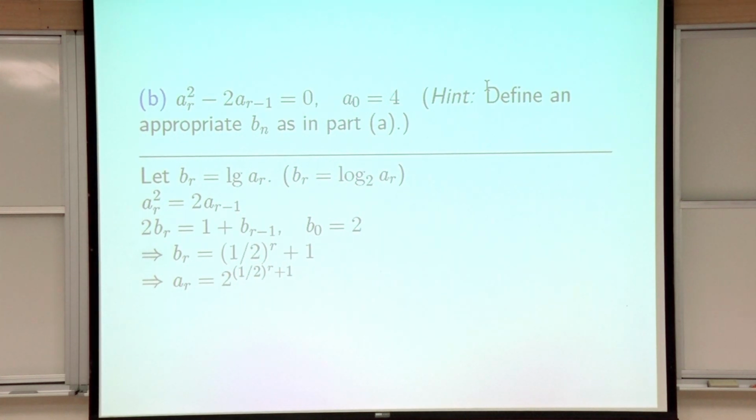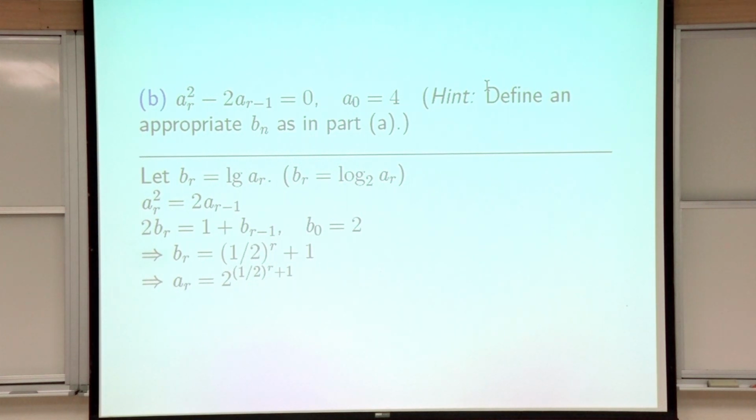So we can get a_r squared. First I move 2a_(r-1) to the right hand side. We get a_r squared is equal to 2a_(r-1). And we replace log of a_r squared with 2b_r, and log of 2a_(r-1) is equal to 1 plus b_(r-1). And b_0 should equal 2.